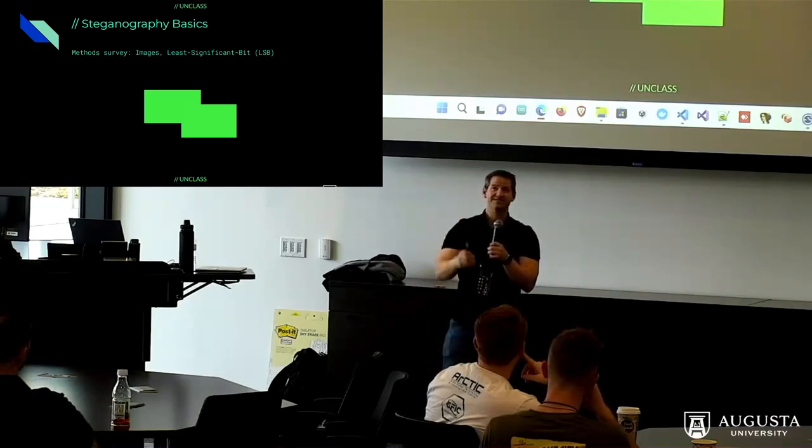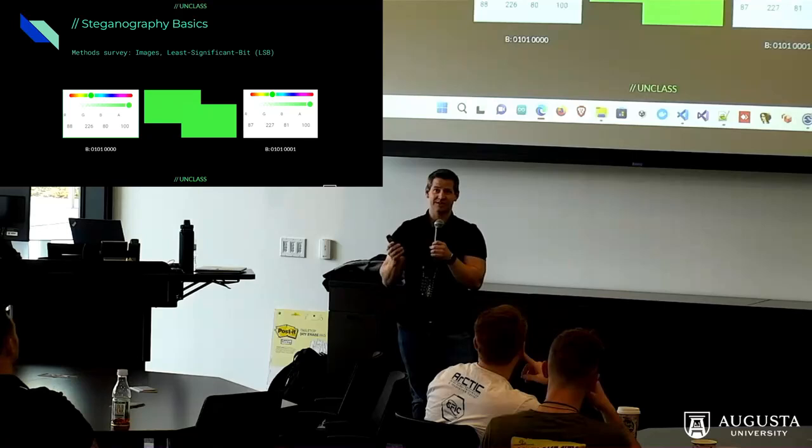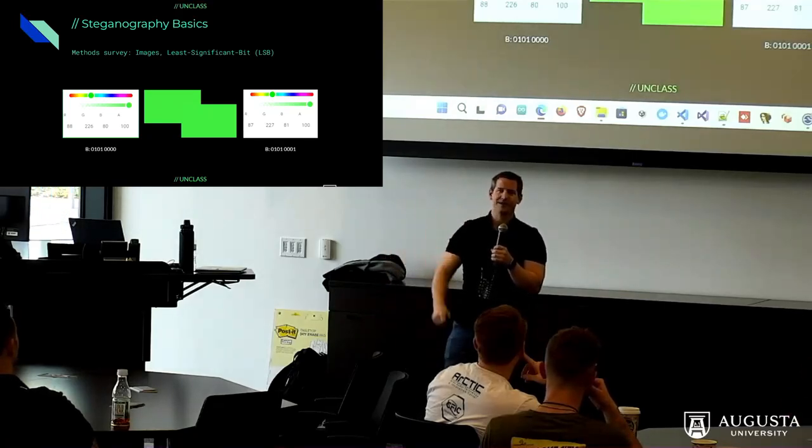With images, a very common method is the least significant bit, where you're just adjusting basically the 1 value of a color representation. It can be 3-channel or 4-channel, but this 3-channel RGB typically uses 0 to 255 to represent images.